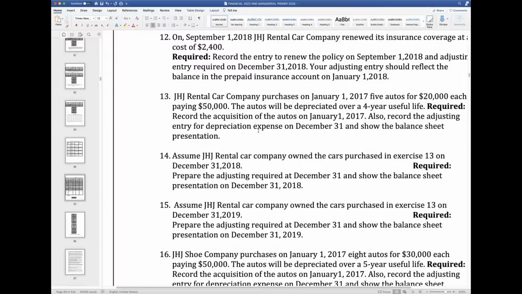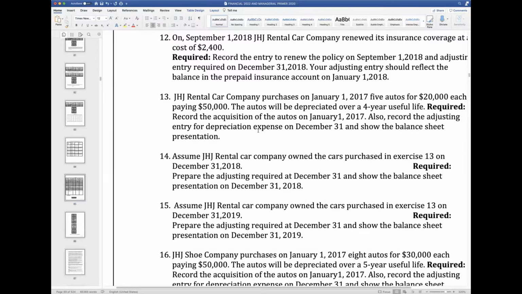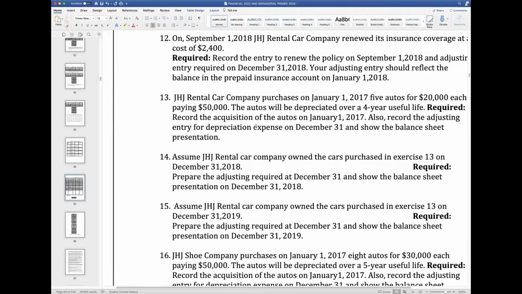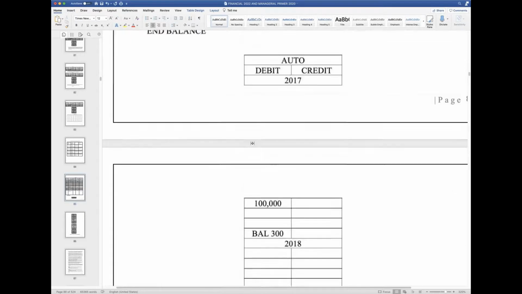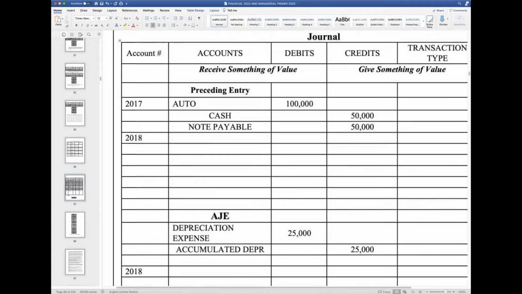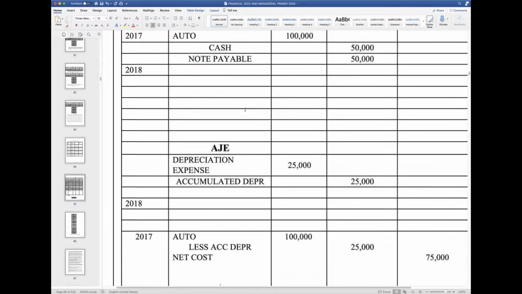I don't know what the next step is. So we've got to make some journal entries. Are we going to make this journal entry? Wouldn't we take it off as notes payable, because we're only owing it?